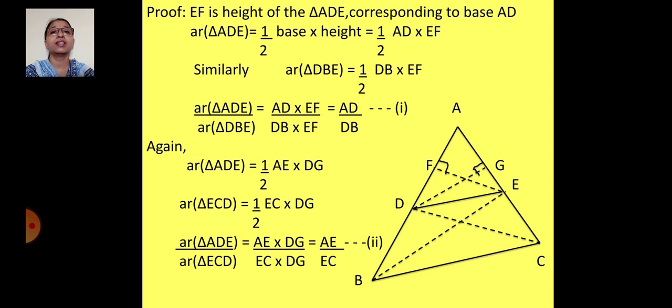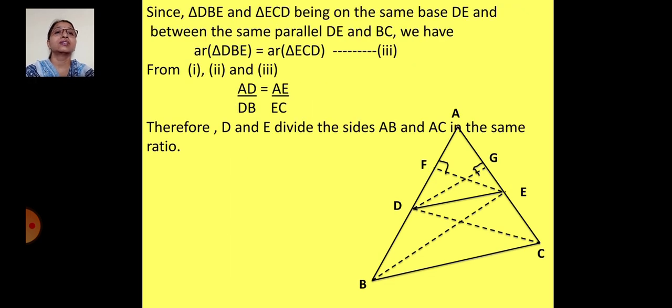So that means the denominators of equation 1 and 2 are the same. So since triangle DBE and triangle ECD are on the same base DE and between the same parallel lines DE and BC, therefore area of triangle DBE is equal to area of triangle ECD. Give this as equation 3.